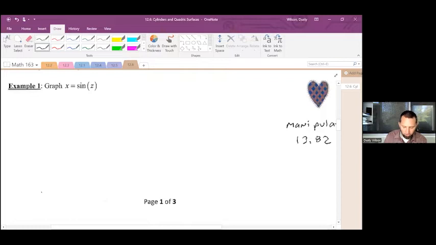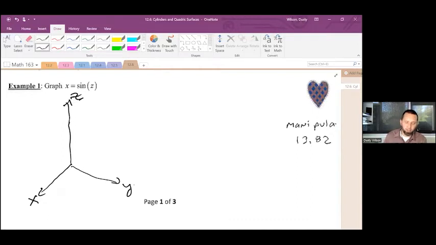So I'm going to start by drawing my basic coordinate axes, z, x, and y. And then I want to graph x equals sine z along the xz plane. So I'm going to draw it along the plane that includes both x and z.